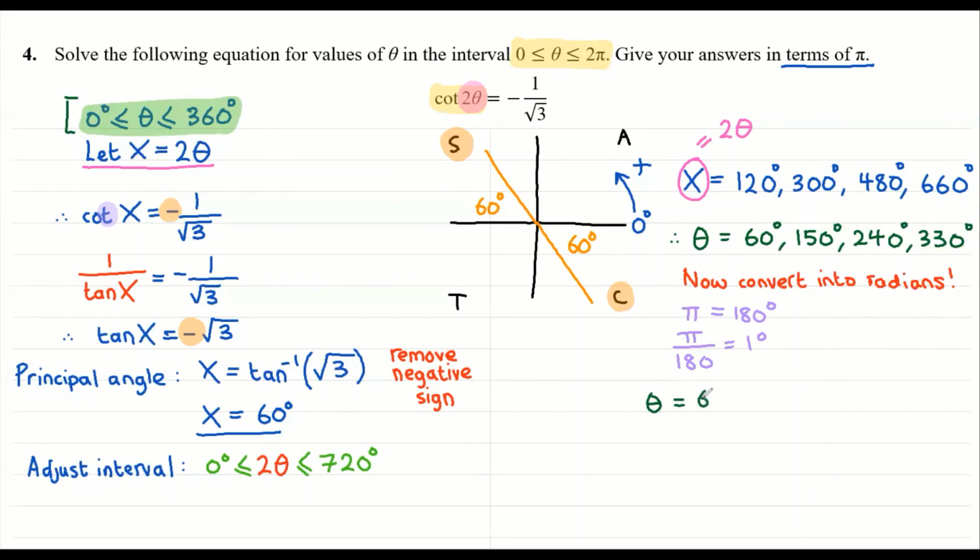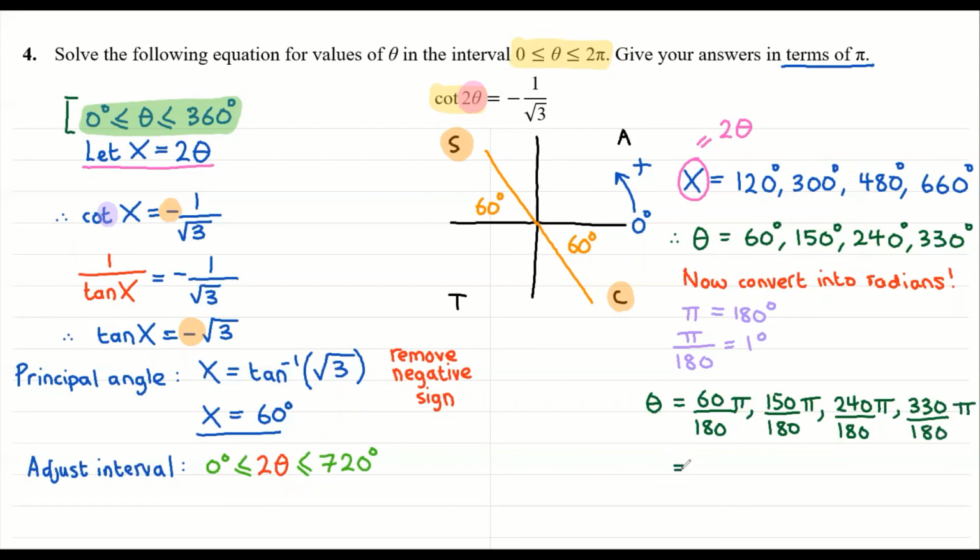So we would have 60 degrees, but it would be out of 180, and that would be a multiple of pi, for the first angle. Similarly, 150 degrees, but out of 180 and multiplying pi. And same all the way down. So 240 out of 180 multiplying pi. And we'll cancel these down in a second. And 330 out of 180 multiplying pi.